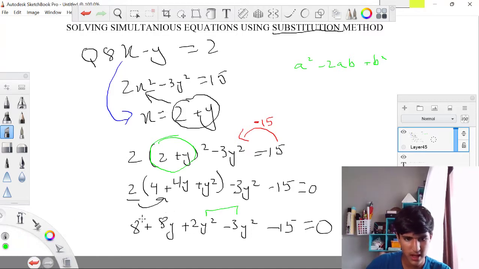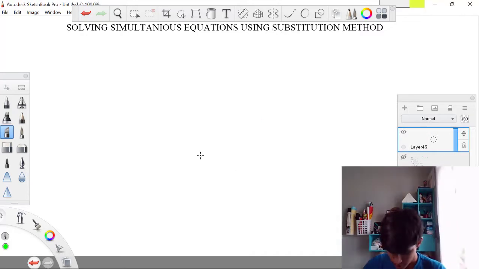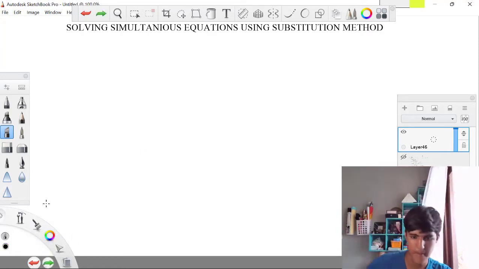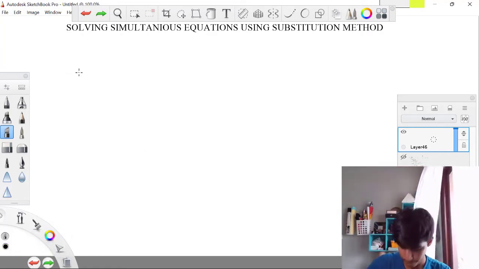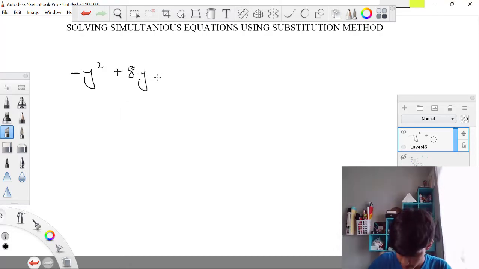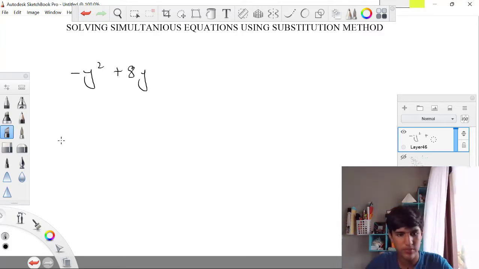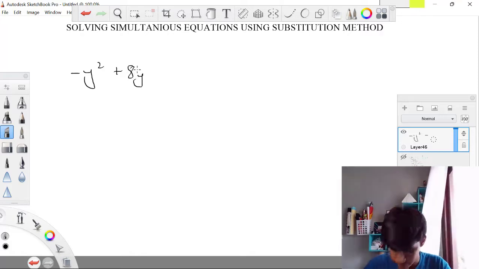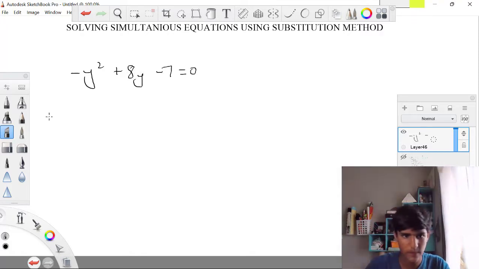We will be summing up these two and these two, which will be minus y squared plus 8y minus 7 is equal to 0.